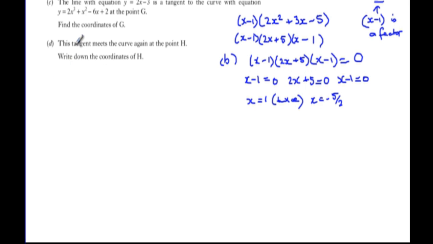For part C, we're told that the line y equals 2x minus 3 is a tangent to the curve with equation y equals 2x cubed plus x squared minus 6x plus 2.